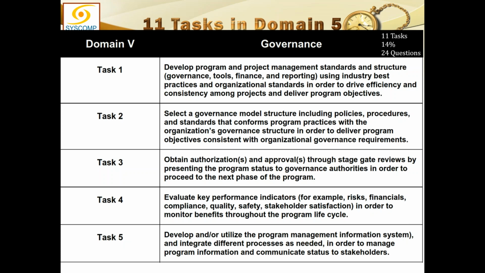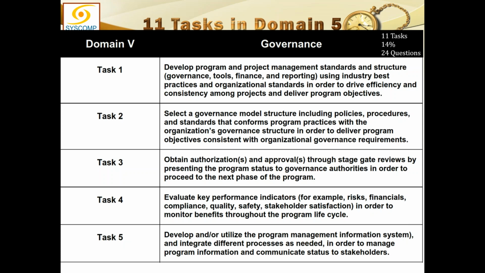Second task is to select a governance model structure, that is what I call the framework, including the policies, procedures, and standards that conforms program practices with the organizational governance structure. That is, the bigger umbrella is organizational governance structure, and I am in program.